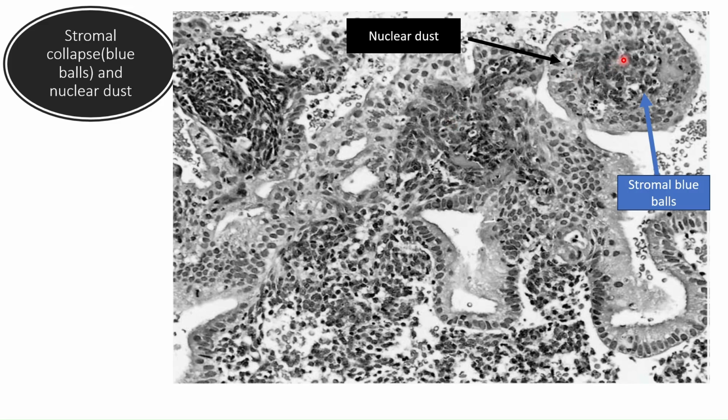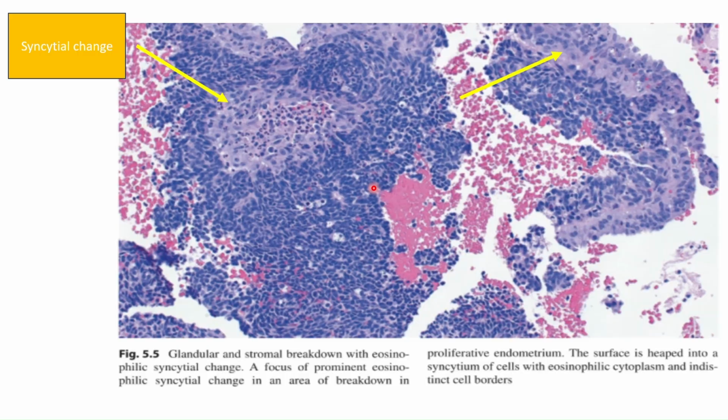In this section, we can see a stromal ball and some debris at the base of the glandular cells. So this is nuclear debris. So some nuclear debris in the stroma and in the gland. So this is again a case of glandular and stromal breakdown in AUB.